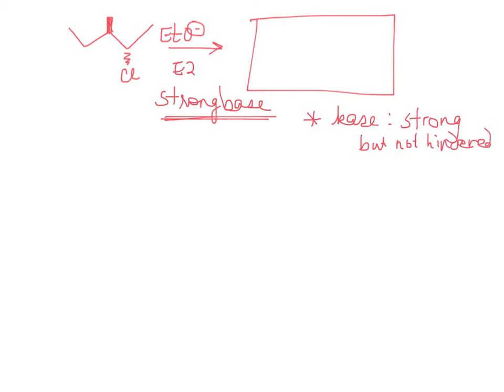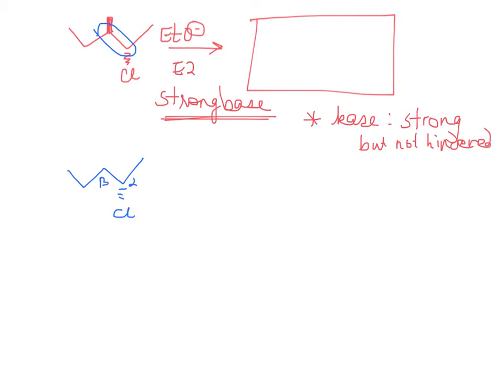So in terms of where the double bond would form, you can hopefully see that the double bond should form over here because of that reason. Now, if you consider the stereochemical outcome, that should tell you that you are looking at the beta position. So this is Cl, that's alpha.